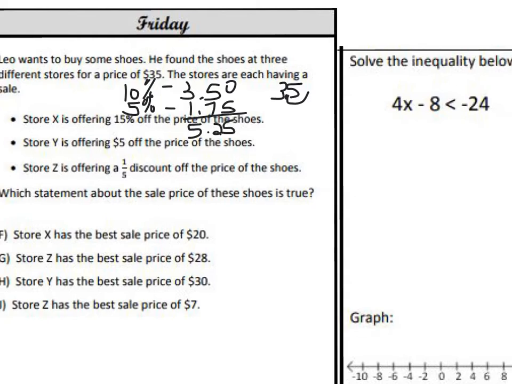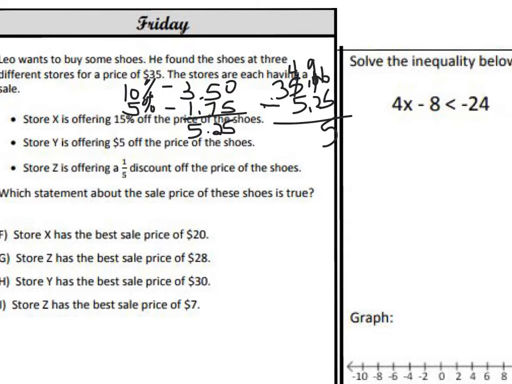So we're subtracting that from 35. Minus 5.25. Remember, it is $35, so you do need to add the decimal and the zeros. You subtract this by regrouping.